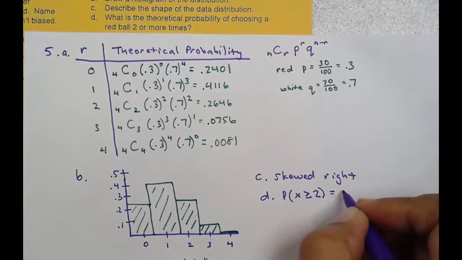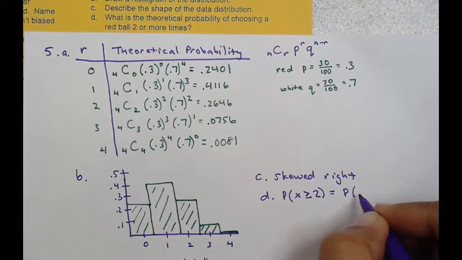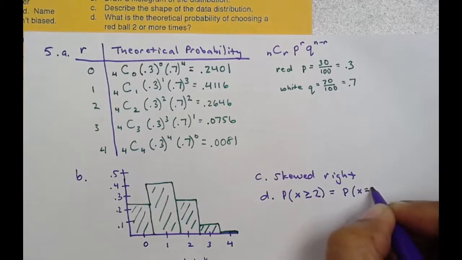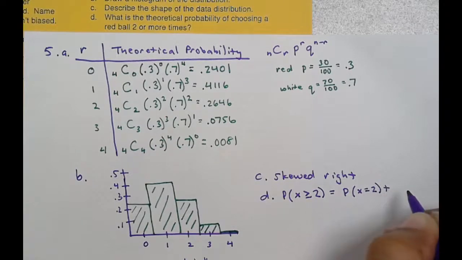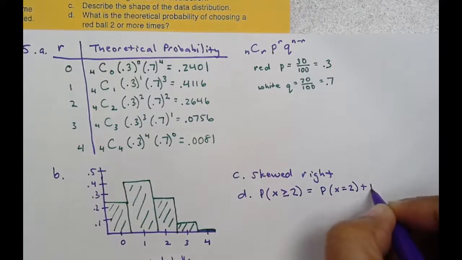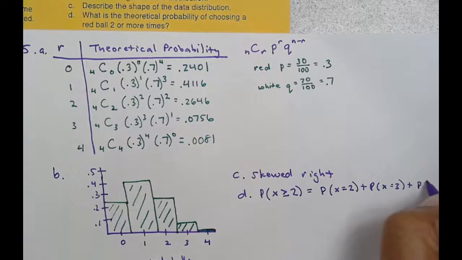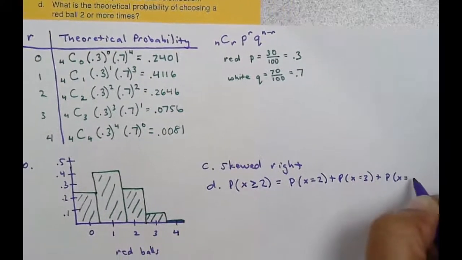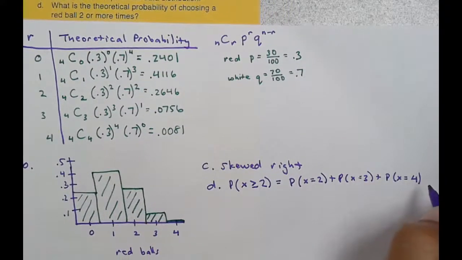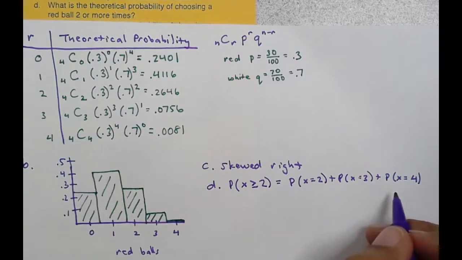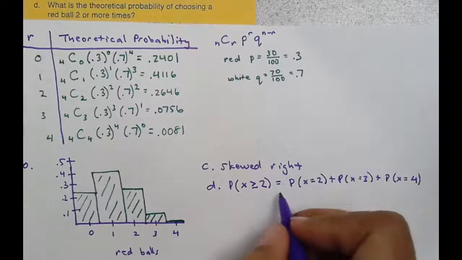So we're looking at the probability of x equals 2, or the probability where x equals 3, or the probability when x equals 4. Okay. All right, and then what we're going to do is take the probabilities that are in our table here and add them up.